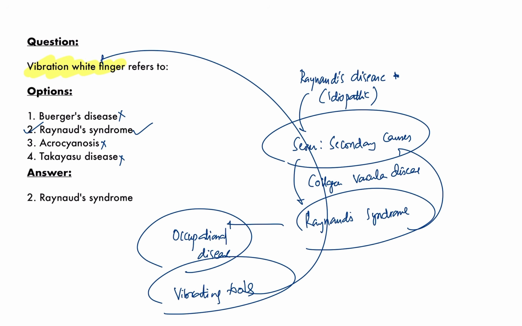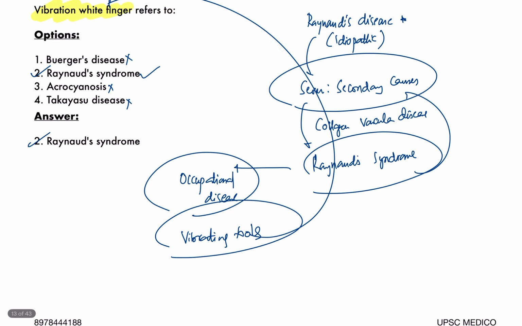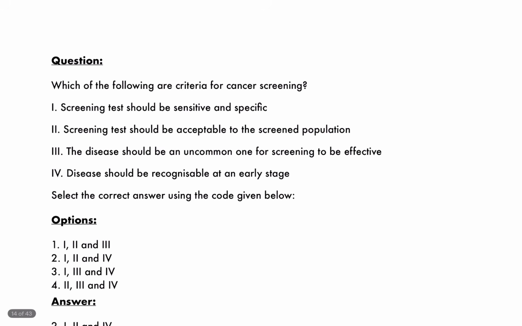So vibration white finger is Raynaud's syndrome, a secondary cause seen in people who use vibrating tools in industrial work. So we call it vibration white finger. We tell patients to avoid vibrating tools if they develop this, right? So the correct answer here is Raynaud's syndrome, which is vibration white finger.